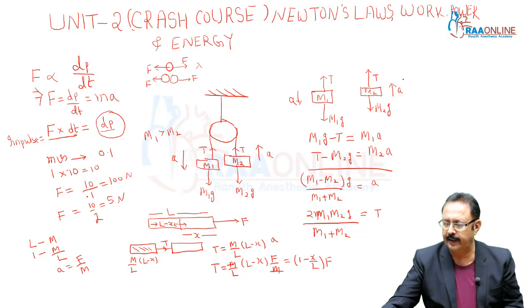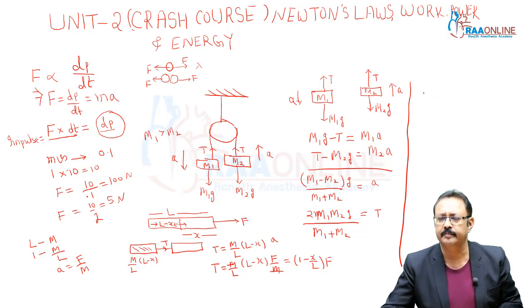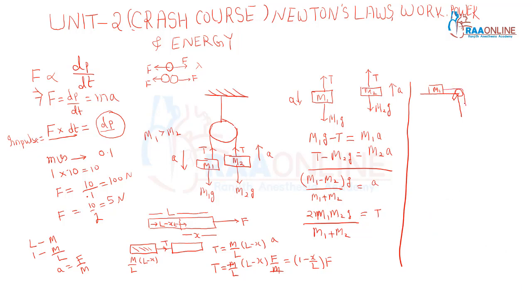The problem is very easy, we only have to focus on simple basics: which force is acting in which direction. They can give you a table like this. One mass, m1, they can put on the table, and the second mass m2 they can hang.